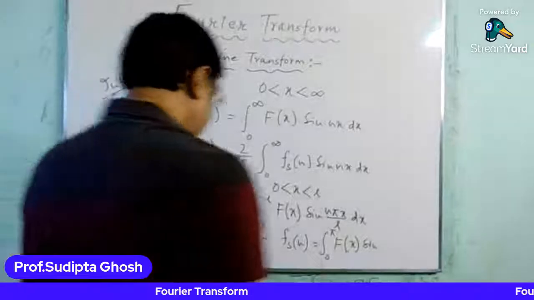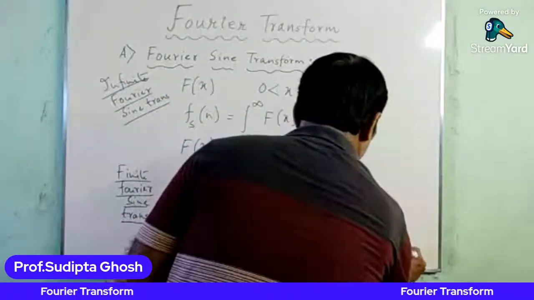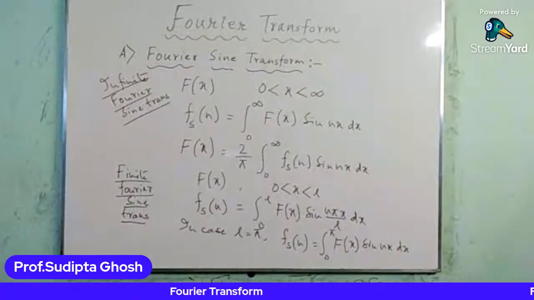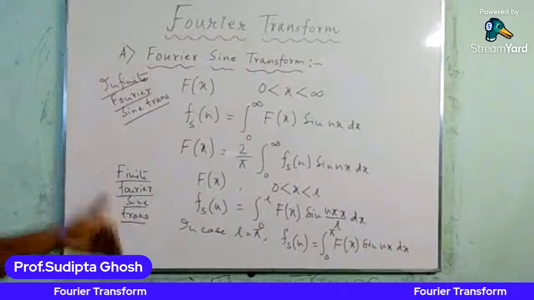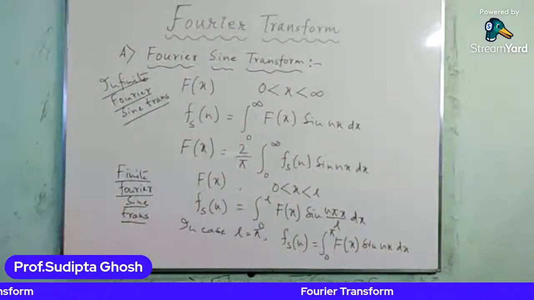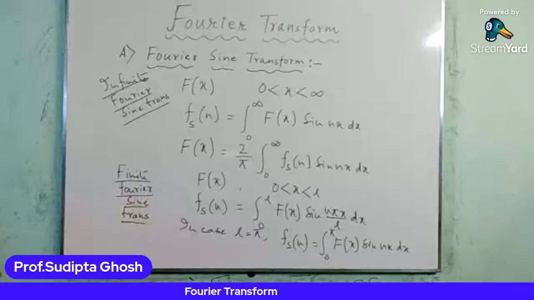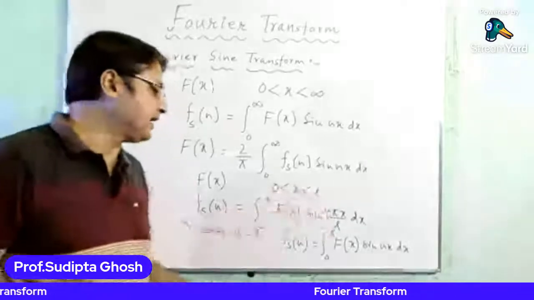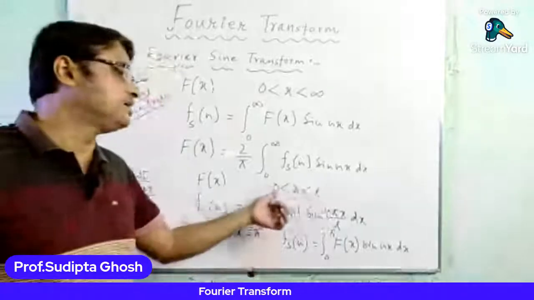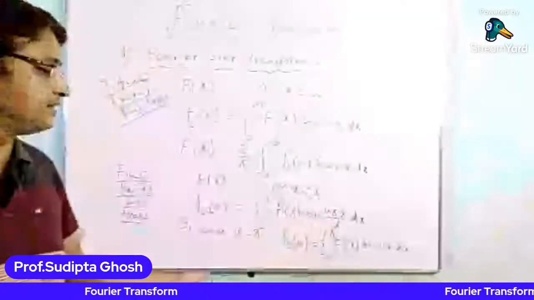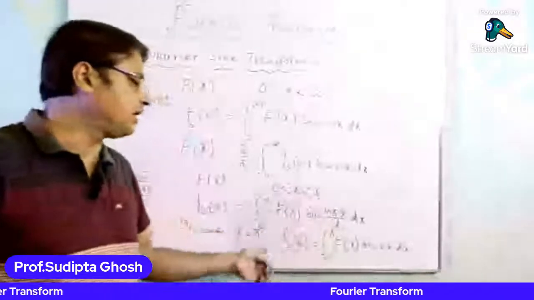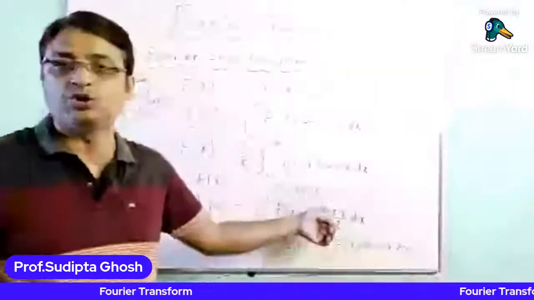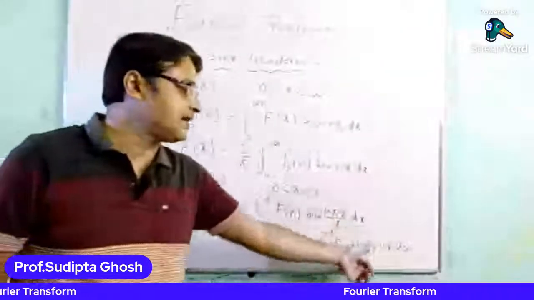So for the finite Fourier sine transformation, we have defined the range in two manners. One is when x lies between 0 to L, and the other when x lies between 0 to pi. So when x lies between 0 to pi, the Fourier sine transformation becomes Fs(n) equals integral 0 to pi capital F(x) sine nx dx.